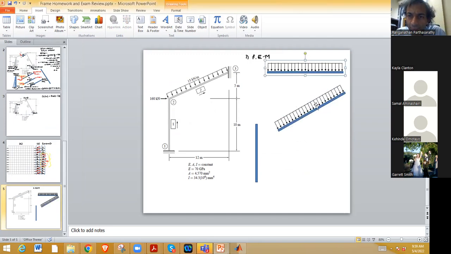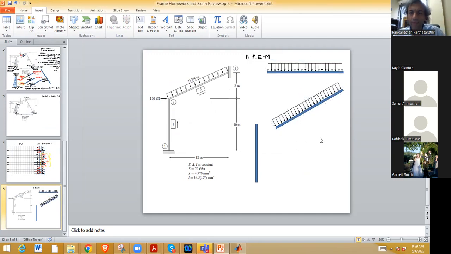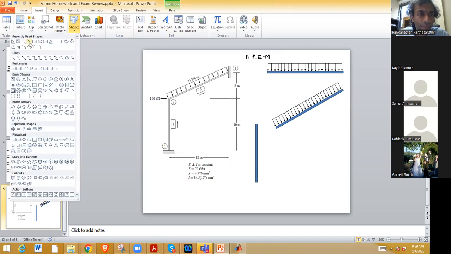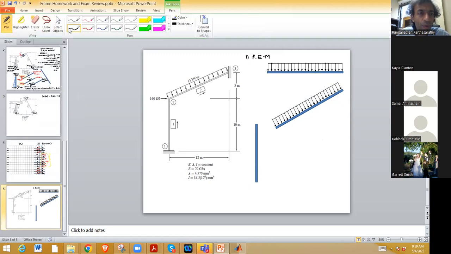Okay. For this one, the first member has no loads acting on it, so no fixed end moments. Second one, you have 15 kilonewton per meter.